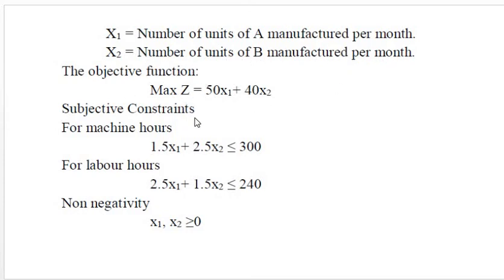So the objective function becomes maximize z equals 50x1 plus 40x2, subject to constraints 1.5x1 plus 2.5x2 less than or equal to 300, and for labor hours it is 2.5x1 plus 1.5x2 less than or equal to 40, x1, x2 greater than or equal to 0.